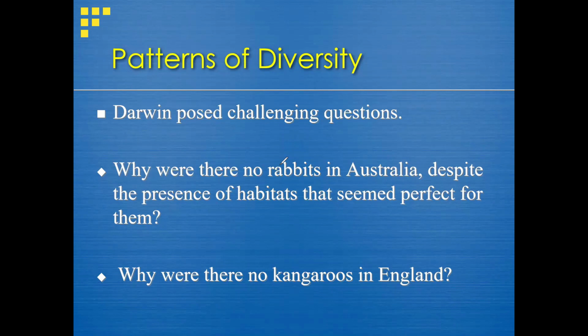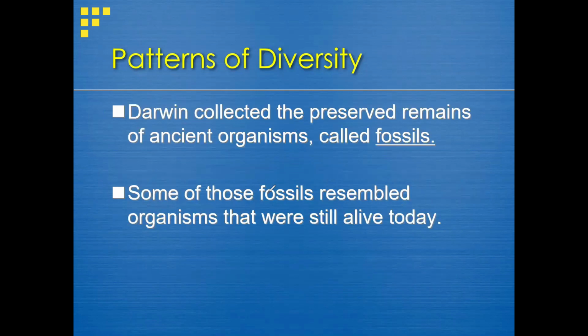So you see, that is why Charles Darwin asked himself this question: in Australia, there are habitats that usually suit the survival of rabbits, but they are not found there. So why? And second, why is it that there are no kangaroos in England? So these are the two challenging questions.